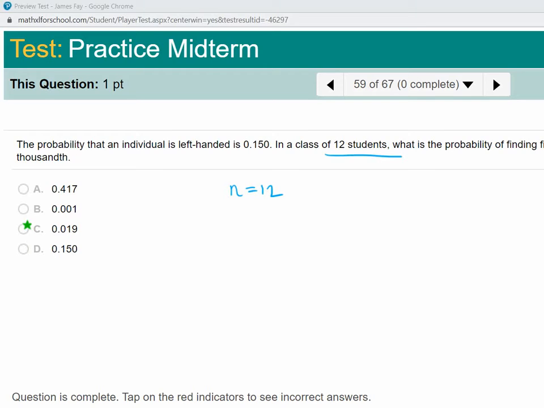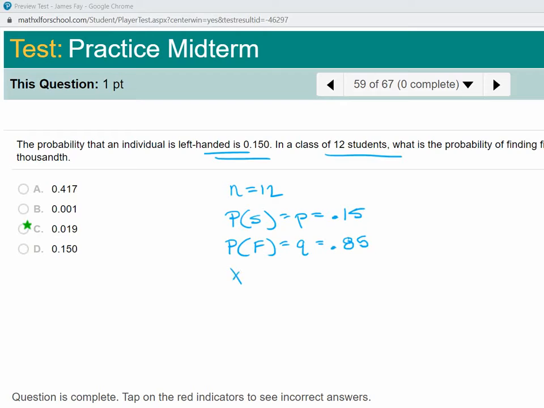So the probability of a success, which in the formula we call lowercase p, is 0.15, because we want a left-hander. Then the probability of a failure, which in the formula we call lowercase q, is the complement of that, so 0.85.